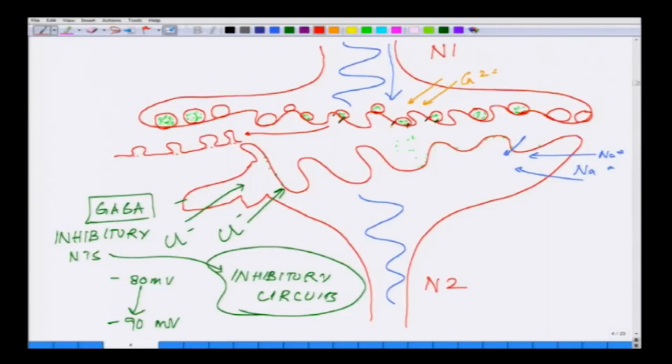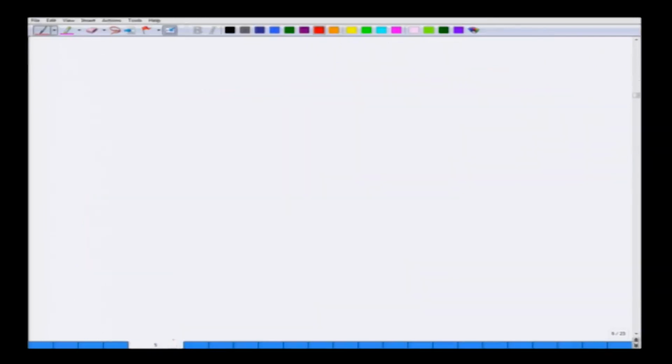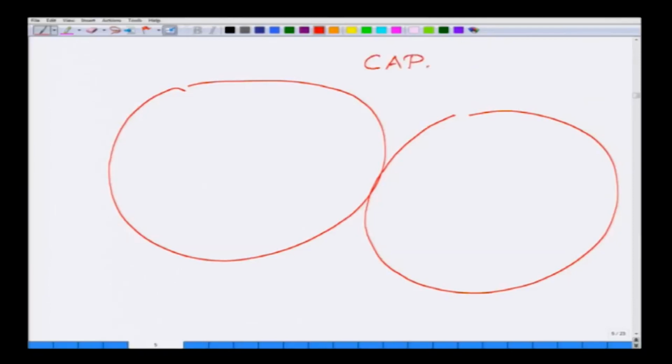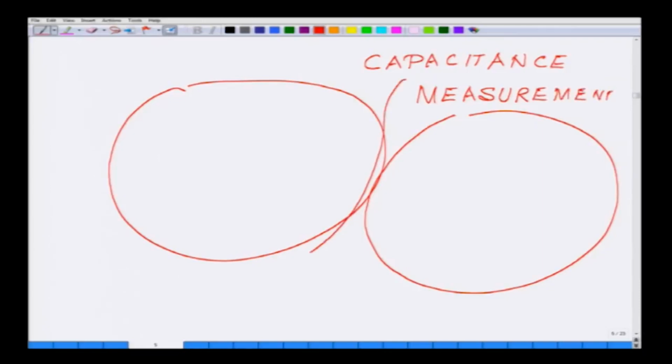So, this is how the capacitance measurement comes very handy, but these kinds of measurements use very huge cells where the change between two neurons is very distinctly seen. So, for capacitance measurement you need very huge cells, and mostly these are done with something like chromaffin cells, and likewise there are several other cells which could do this.